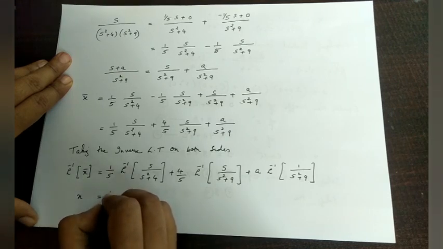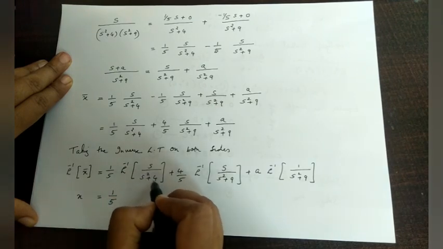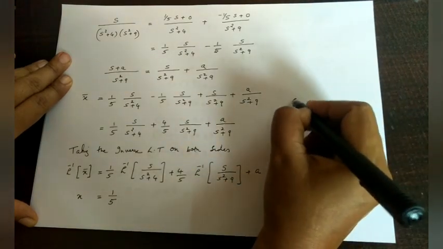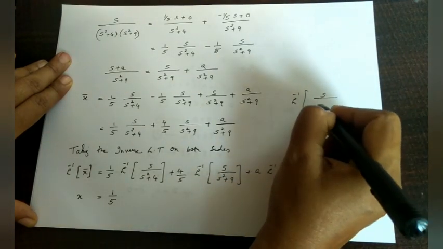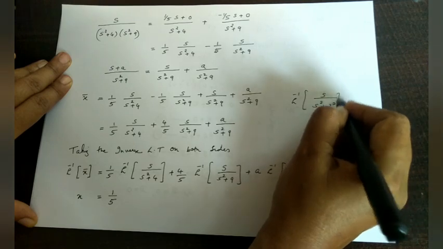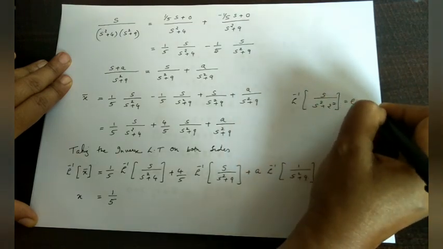Now, 1 by 5 into Laplace inverse of s by s square plus 2 square. What is that? Cos 2t.